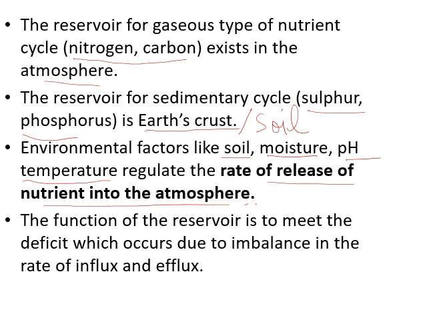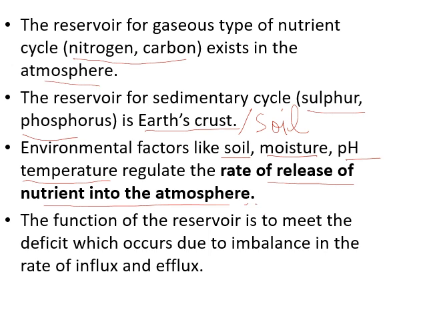If temperature is extremely high or extremely low, then the decomposition process will be slow and nutrients will be released at a very slow rate. So environmental factors affect the process of decomposition, or the rate of release of nutrients back into the atmosphere.